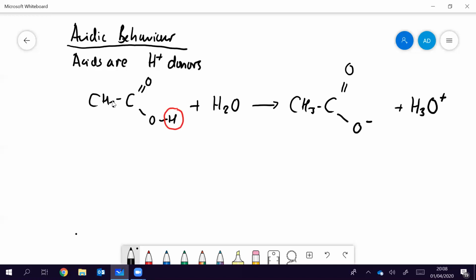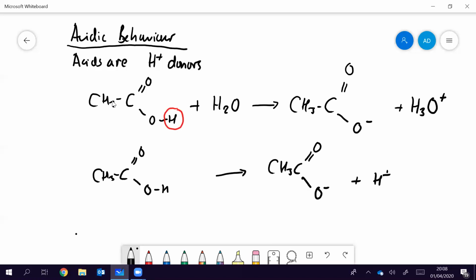Quite often when you write this down, you will just leave the water out, and just put H plus there.